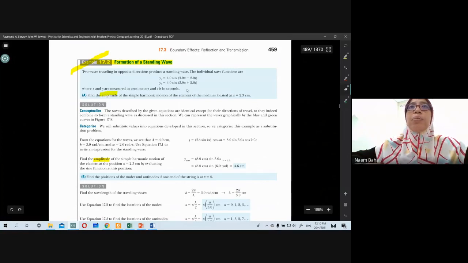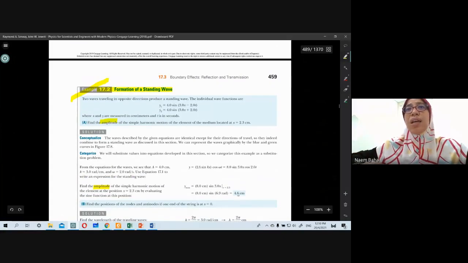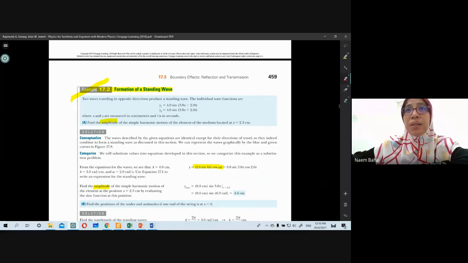Before that, I forgot that the idea is the two individual waves need to interact with one another, and therefore we need to create the new equation, and the generic new equation is 2a sine kx cos omega t. Substituting into this generic equation, you find 4 plus 4 is 8 centimeter, sine 3x cos 2t.